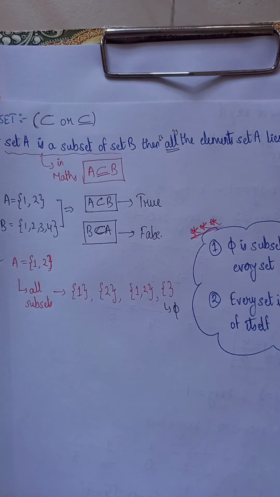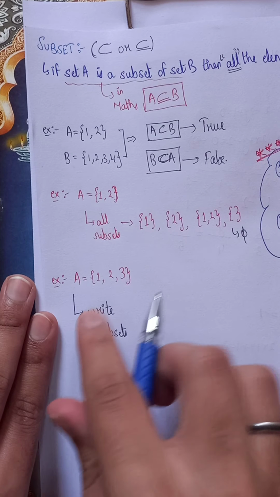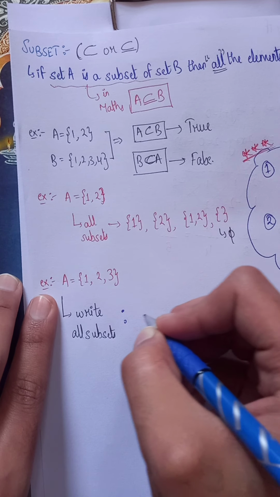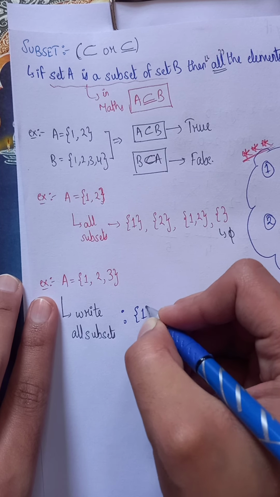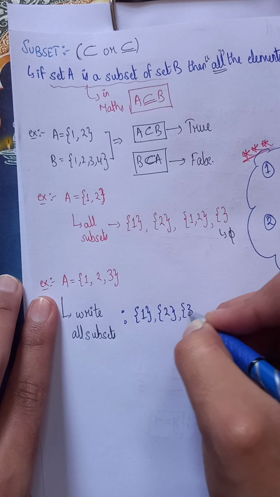Okay, so let's do an example. You need to write all the subsets for this set. Let's start. 1, 2, 3.